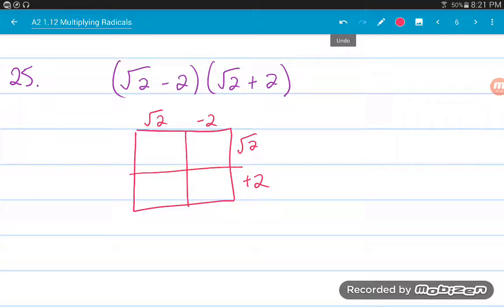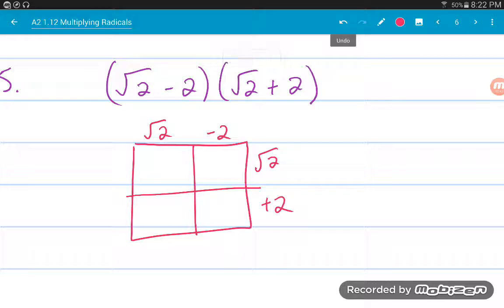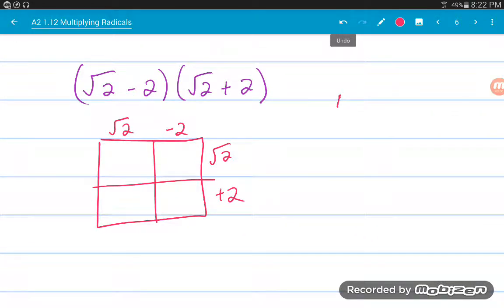Now I need to multiply each one of these, its length and width, to fill in the smaller boxes. So to fill in the top right, I'm going to need to multiply negative 2 times radical 2. So when I'm multiplying these things, it's number times number, radical times radical.